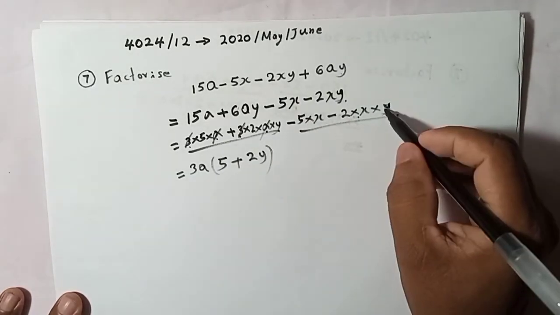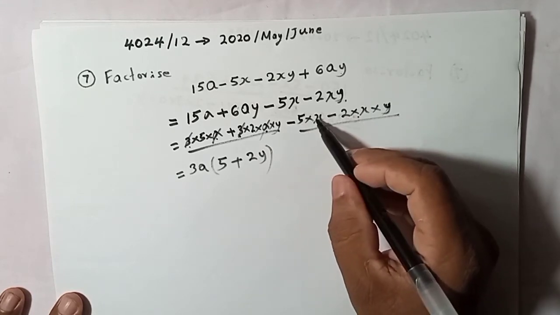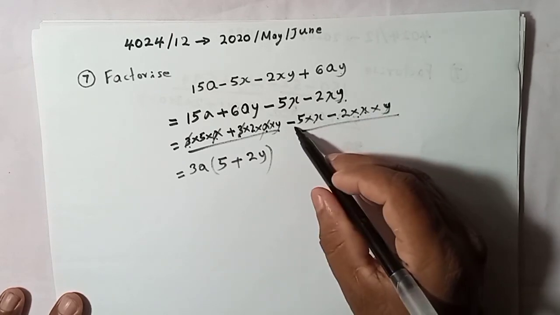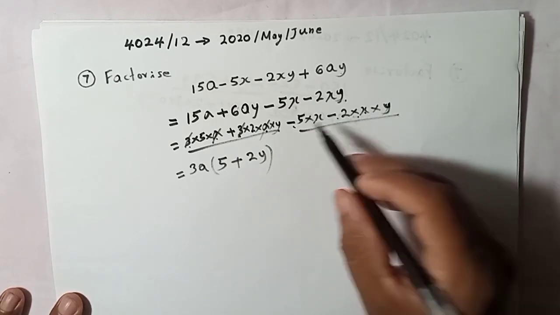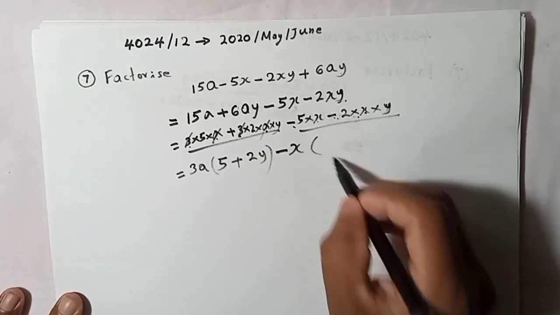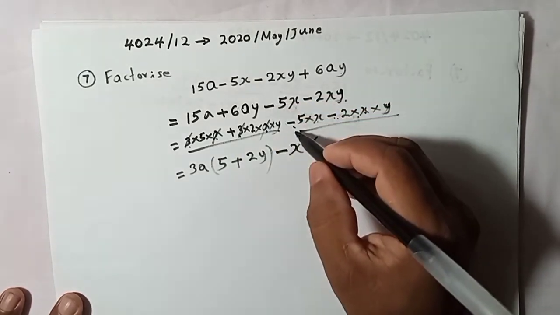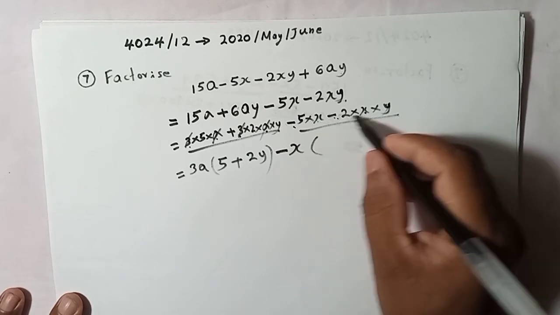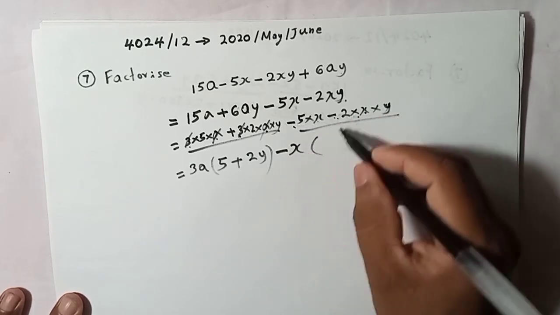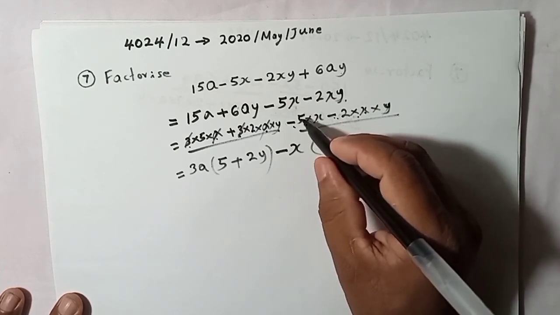Then here what is common? Looking very carefully, here you have the common thing minus x, minus x, so you can take that sign with it, minus x, minus x, so get that to outside, minus x, right? Include whatever sign you have; you should take the common thing with that sign to outside, so minus x, minus x. Now if I get that to outside, what is the remainder here? The remainder will be plus 5.